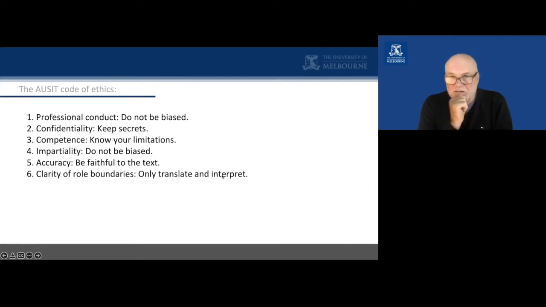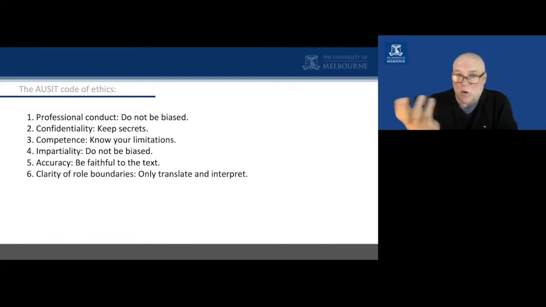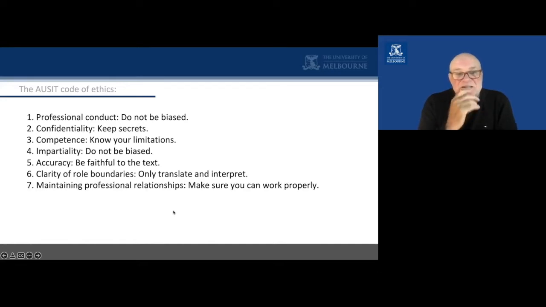Don't do other things like give advice or pretend to be a doctor or pretend to be a lawyer or pretend to be the friend of the person who's accused. Make sure you get paid properly and get the materials you need to work and the material conditions in order to do things properly. So that's called maintaining professional relationships.